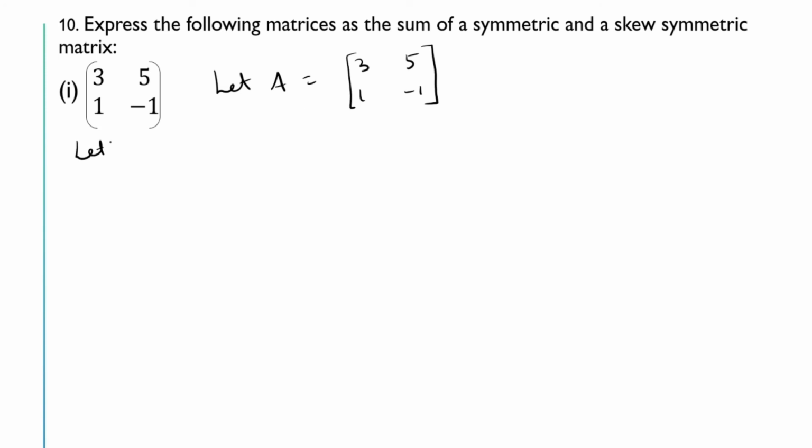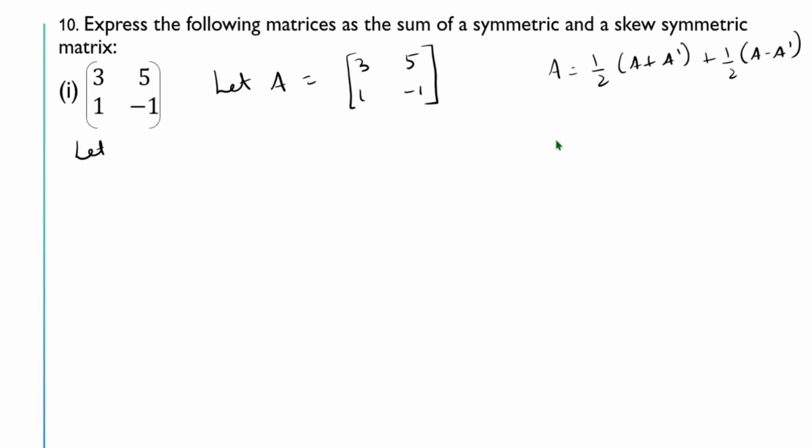We have seen in one result, any square matrix can be expressed as a sum of a symmetric and skew symmetric matrix as A is equal to half of (A plus A transpose) plus half of (A minus A transpose).